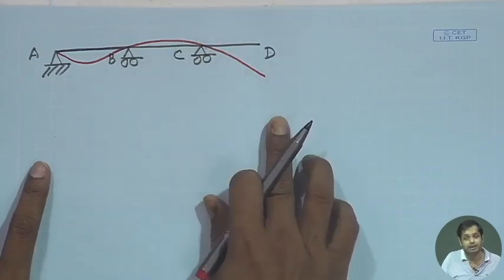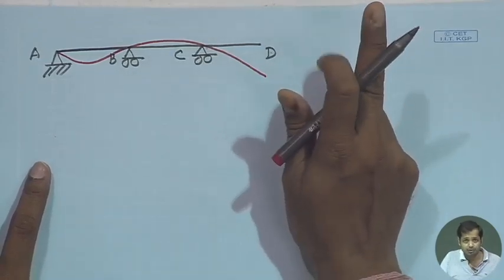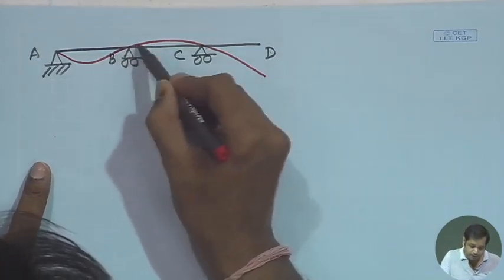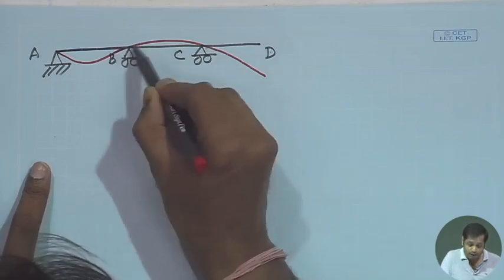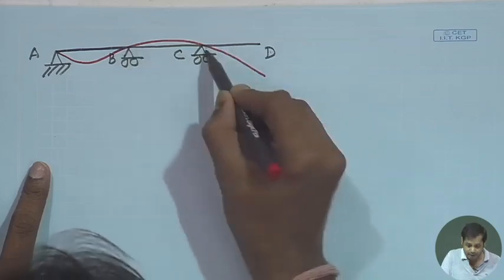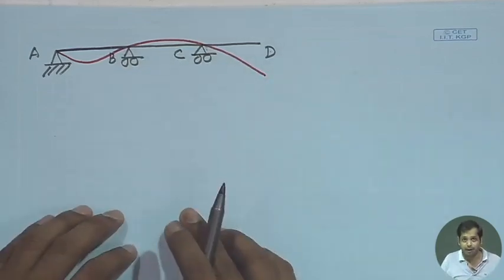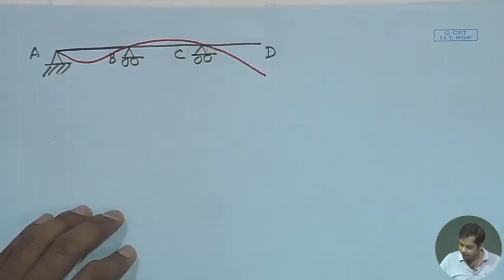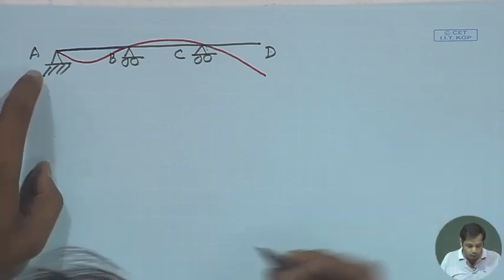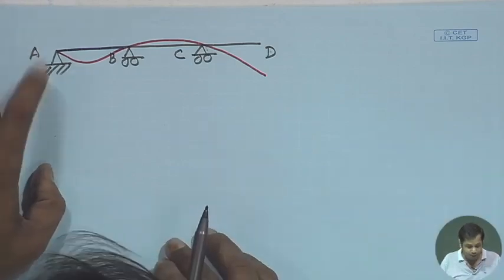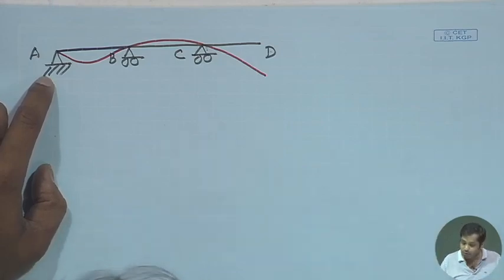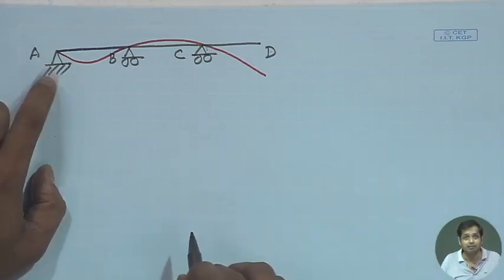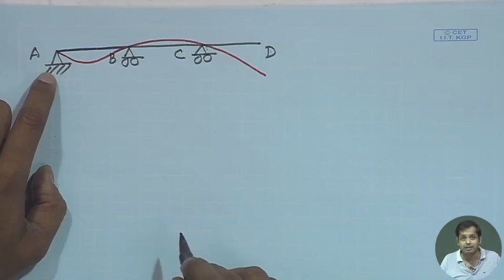But when you draw the deflected shape, a few things you need to keep in mind: the slope and deflection are continuous at these joints. Suppose this is the deflected shape. Now, end A is a hinge support. Then what are the degrees of freedom here? What is allowed? There is no translation allowed.